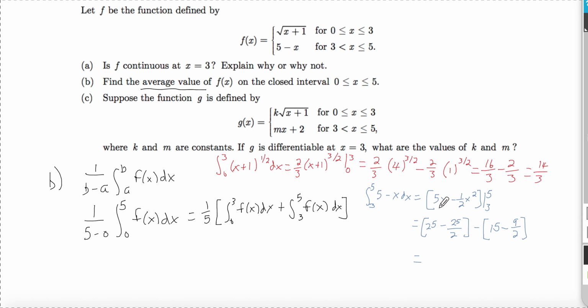So this is going to give me 25 minus 15, which gives me 10. And I'm going to get minus 25 halves plus 9 halves, which is 10 minus, when I add 9 halves, that'll give me 16 halves. So that's going to be 10 minus 8, which gives me 2, right?